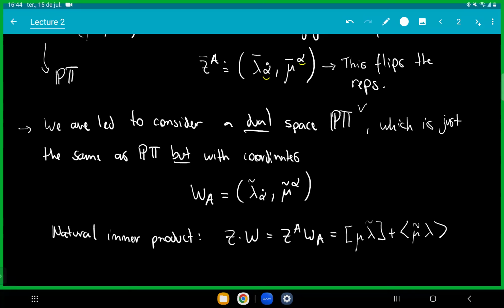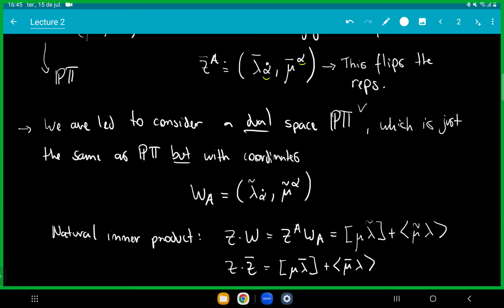So naturally we can write this in terms of the inner product of the z with its complex conjugate, and this is just mu lambda bar plus mu bar lambda, where all I did was change the tildes for the bars.